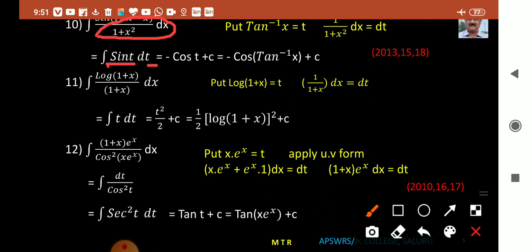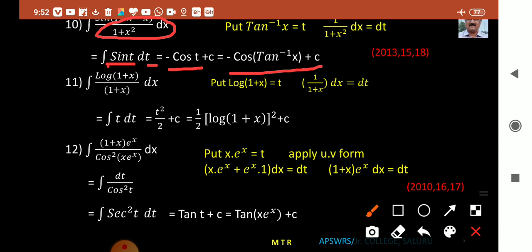The integration of sin is, yes, minus cos. So integral sin t dt is minus cos t plus c. Substitute t as tan inverse x. Okay, so integral sin tan inverse x by 1 plus x square dx is minus cos tan inverse x plus c.